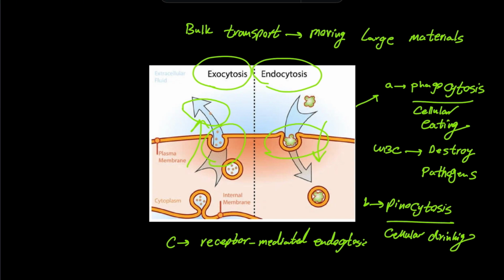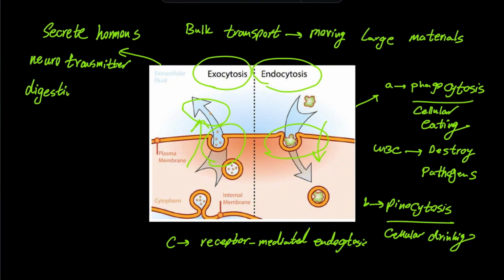Exocytosis is used to secrete hormones, neurotransmitters like acetylcholine, digestive enzymes, and many other substances. This process is also important for adding proteins and lipids to the plasma membrane itself.